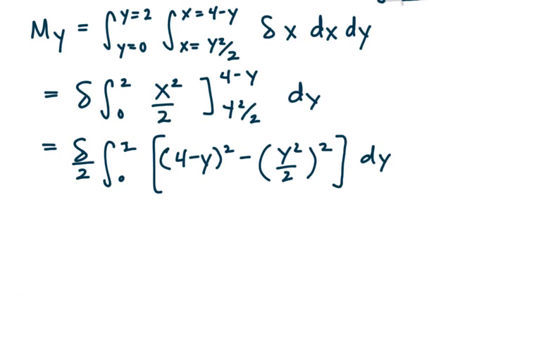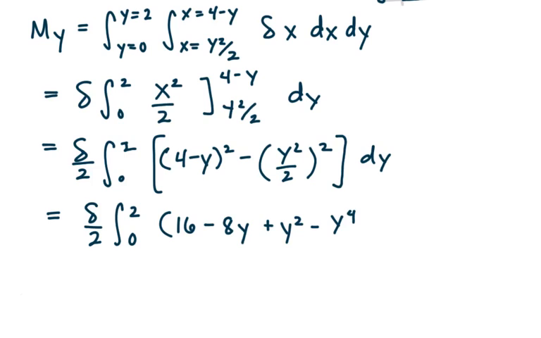Here we need to simplify this, so with some foiling magic, we end up with delta over 2 from 0 to 2. Looks like I have on my paper here 16 minus 8y plus y squared minus y to the 4th over 4 dy, which is of course easy for us to integrate.